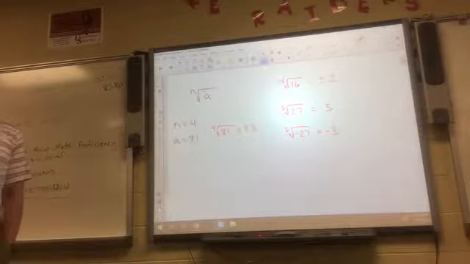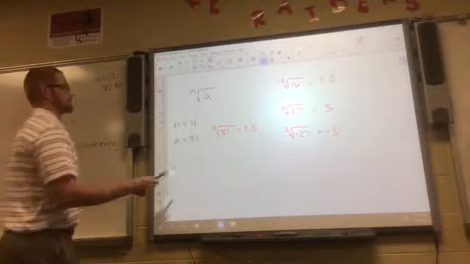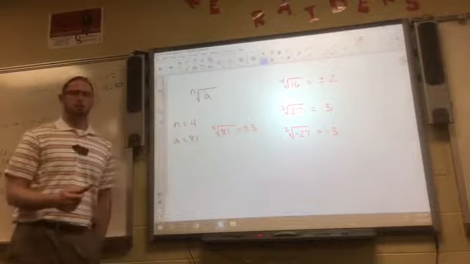Now, there's some of these that you're just going to have to think about. There's others that I would kind of expect you to know. You should know all your perfect squares, all your easy ones, especially up to like 144, maybe even 169, or excuse me, 196. There's some cube roots that you should know also.